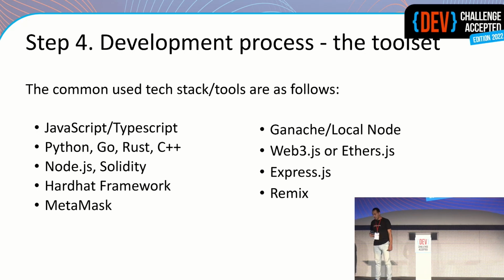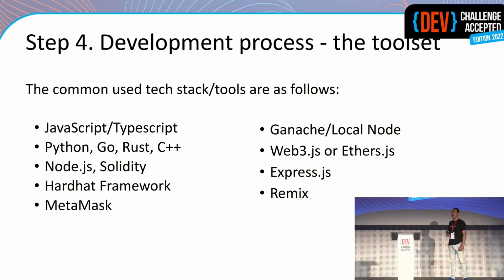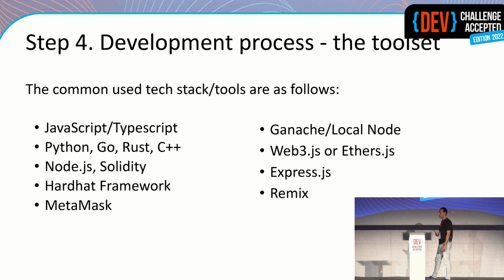Hardhat framework. We used to have our own framework for deploying and compiling smart contracts, but nowadays the community uses Hardhat. There are a lot of side tools that help your process, like in-browser wallets such as MetaMask. Of course, you need local networks to test your solution.